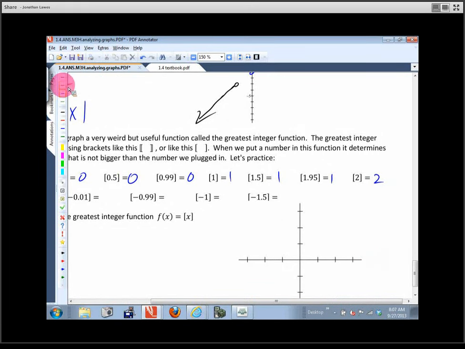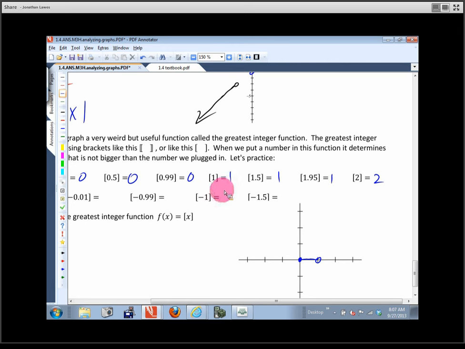What happens for this is every time we plug in a number in between 0 and 0.999, just a little bit less than 1, we always get out a 0. Okay? And I've got a closed endpoint on this one, and then I have an open endpoint right here. Because the second I plug in a 1, what's the new function value? What was the function value when we plugged in a 1?